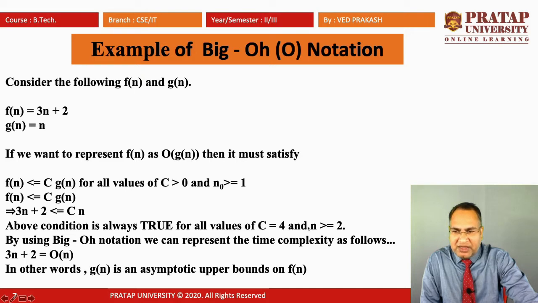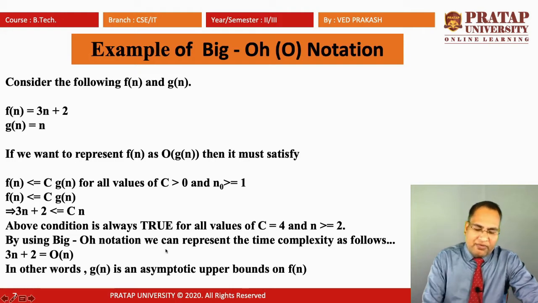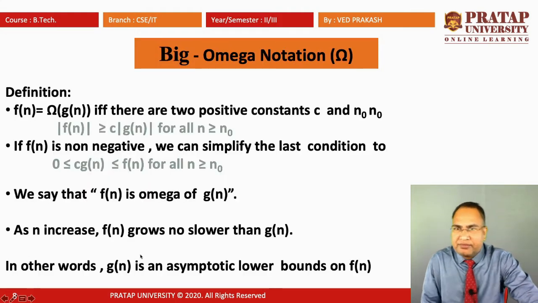So, we can say that F(n) equals 3n plus 2 is big O of n. In other words, F(n) is big O of G(n), so G(n) is an asymptotic upper bound of F(n).